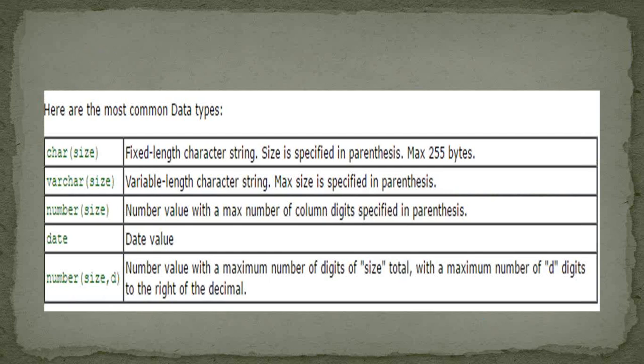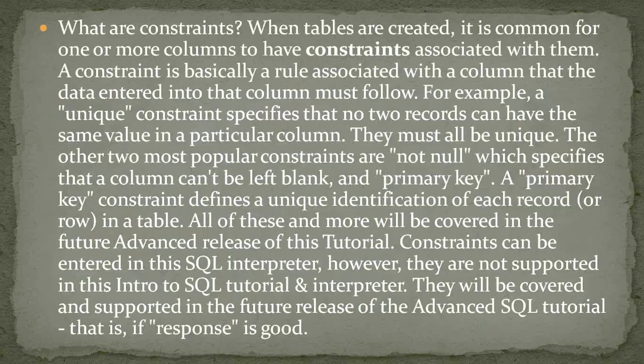Date, date value. Number(size, D), where D is the digits and size is the total: a number value with a maximum number of digits of size total, with a maximum number of D digits to the right of the decimal. Now we are talking about the constraints, right?